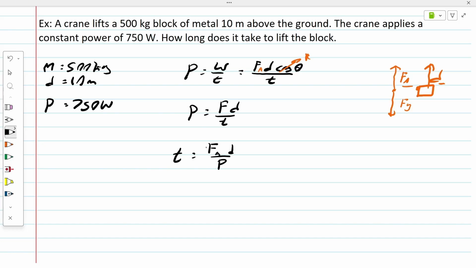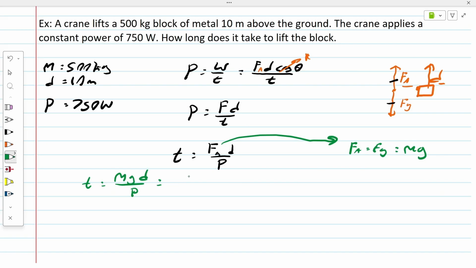But we're not given the force applied. But we can see from our free body diagram that the force applied is equal to the force due to gravity. So we can say force applied equals force due to gravity, and we know force due to gravity is just mass times gravity, and we have the mass and we know gravity because it's constant. So now we have all the variables needed because we can plug mg into here using this equation, times distance over power.